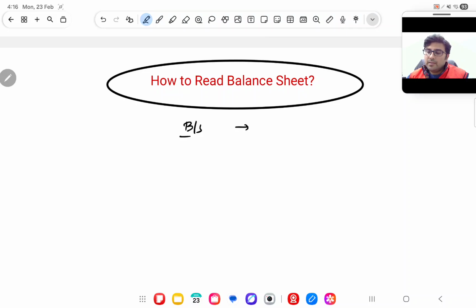When you say balance sheet, you say that it is a balance sheet plus profit and loss account or profit and loss statement plus you have annexures. Annexures to what? Annexures to the profit and loss and to balance sheet.